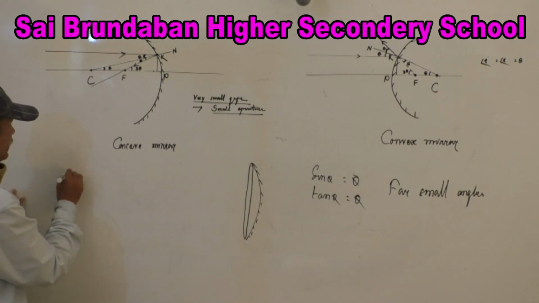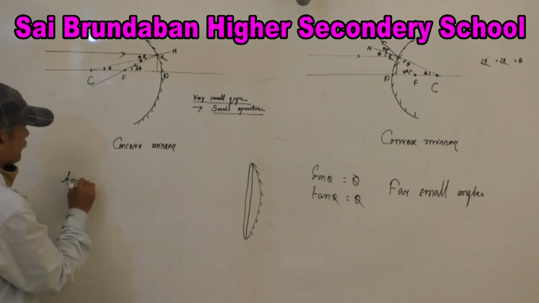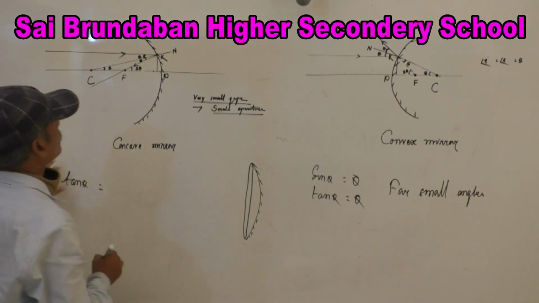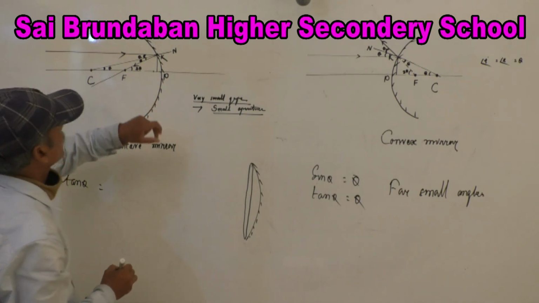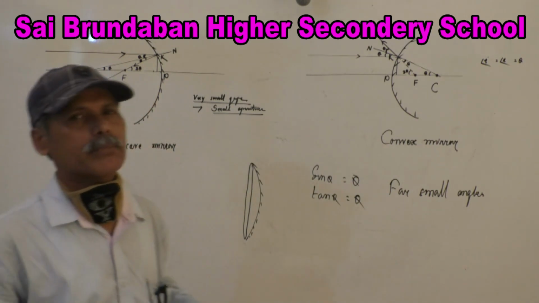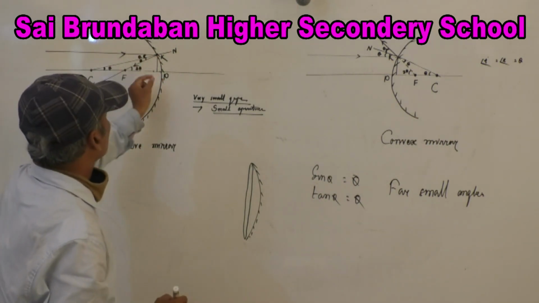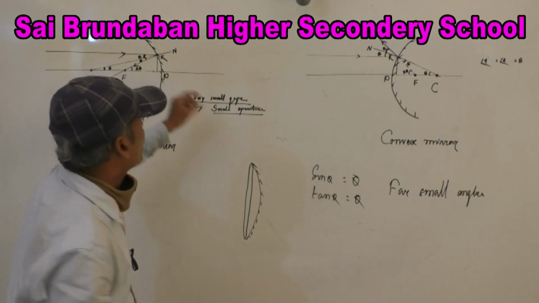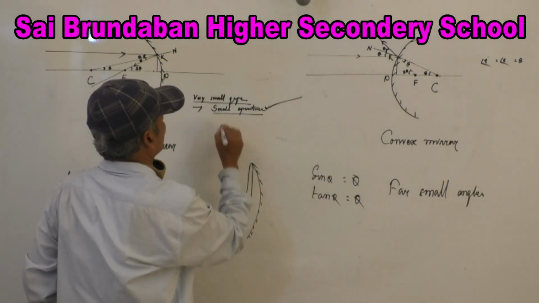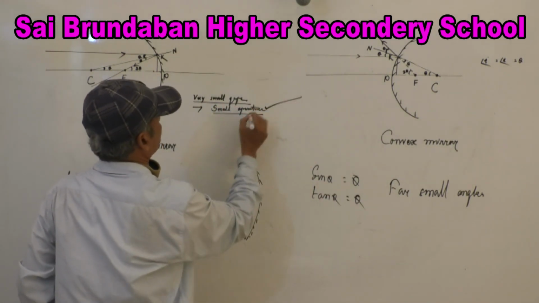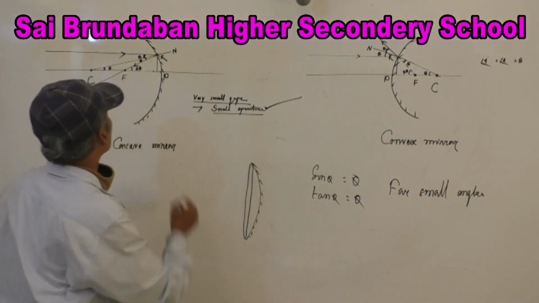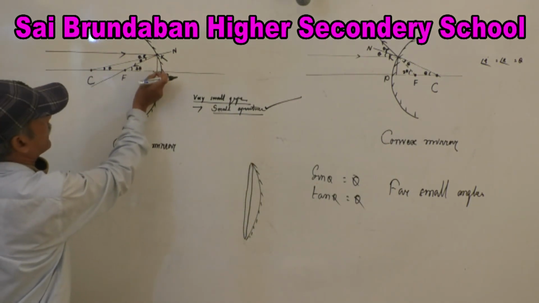So tan theta is equal to P by B. This is the perpendicular, this is the base. This gap is very small for small aperture, so neglect this gap.